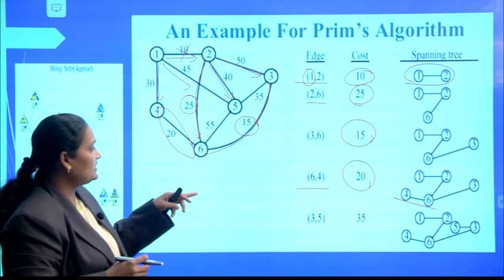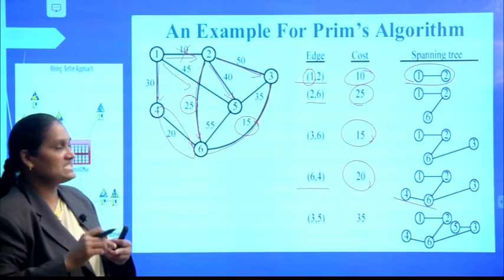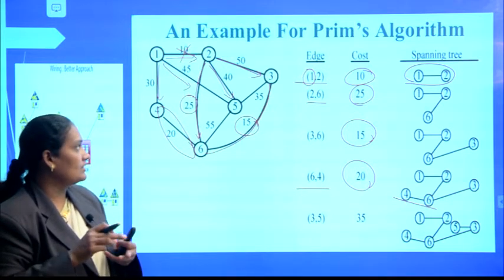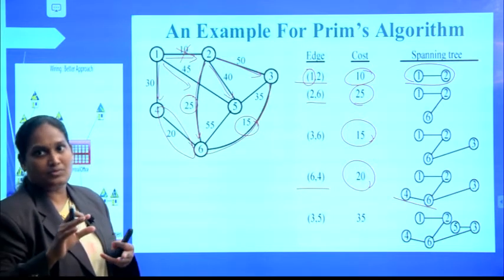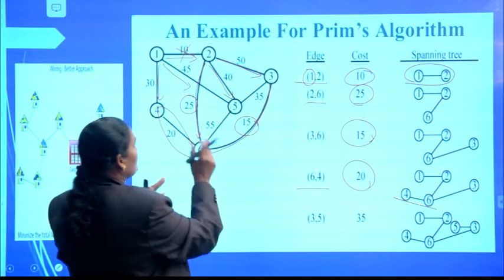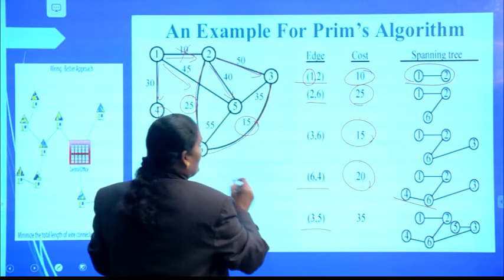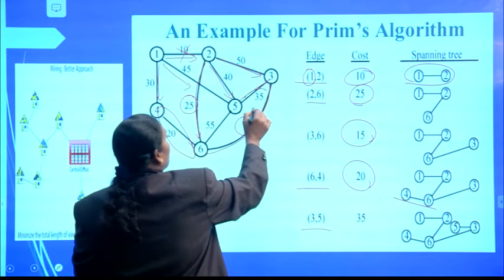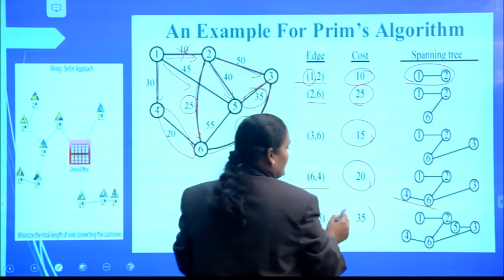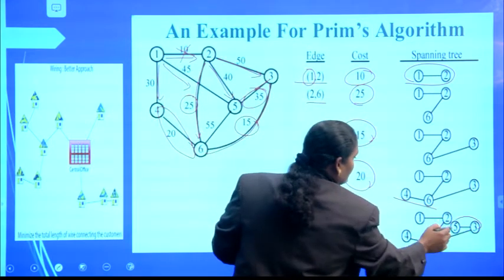Now next we need to select an edge which is incident on either 1 or 2 or 3 or 6 or 4, which is having a minimum cost. So if you observe all those things, the next minimum cost edge is 3, 5 whose cost is 35. So we selected 35 and we added 3, 5.